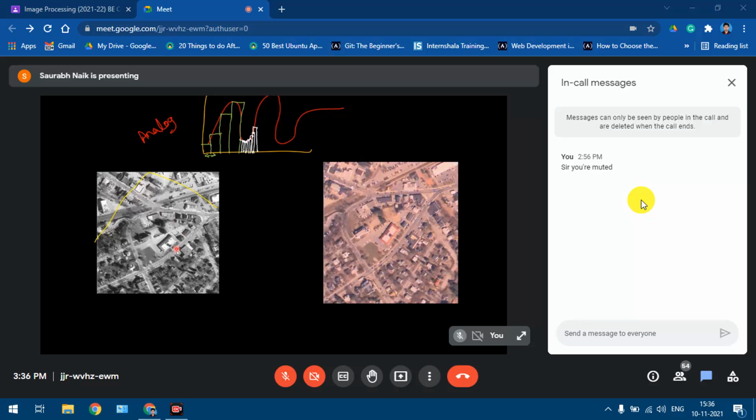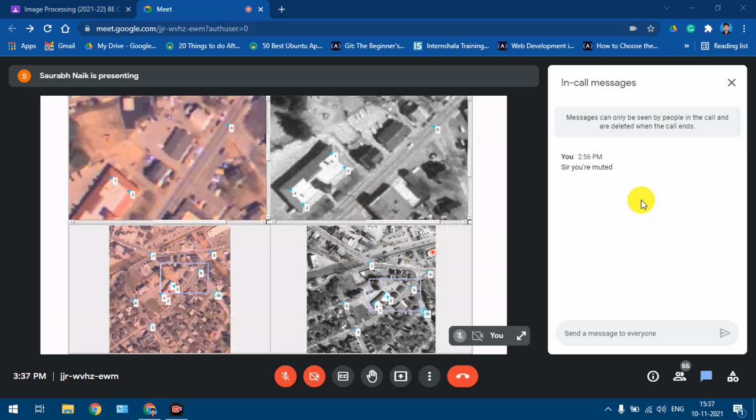Okay, so any new information that will come in this, that is what we want. So to align this particular image with our old image, we first have to find out certain identifiable points in both these images. So what we do is we find these reference points.